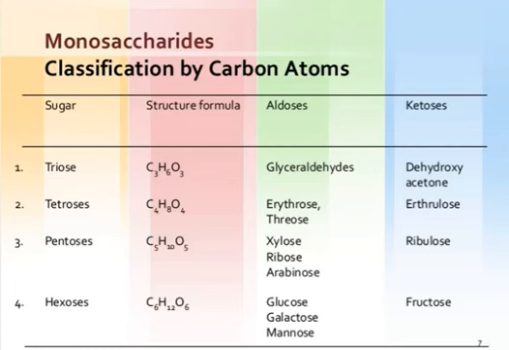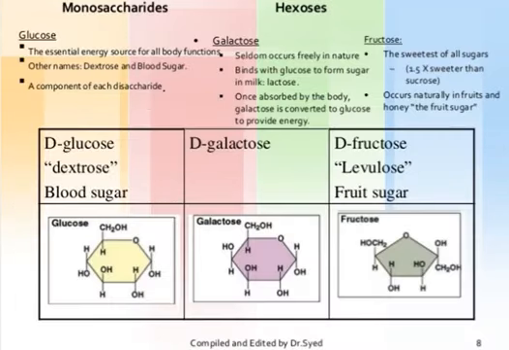Then monosaccharides. Glucose, the essential energy source of body functions. D-glucose, dextrose, blood sugar, glucose, galactose and fructose are examples of carbohydrates. D-glucose means dextrorotatory glucose.